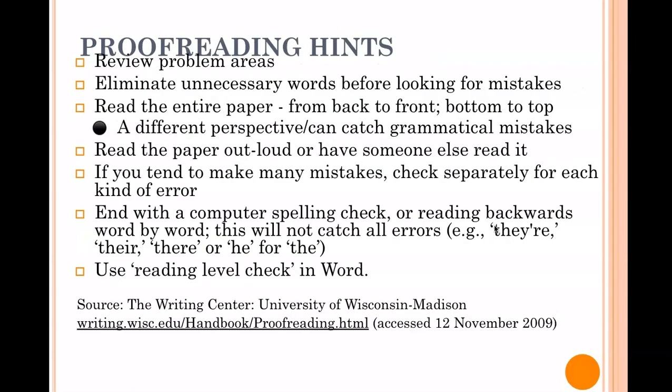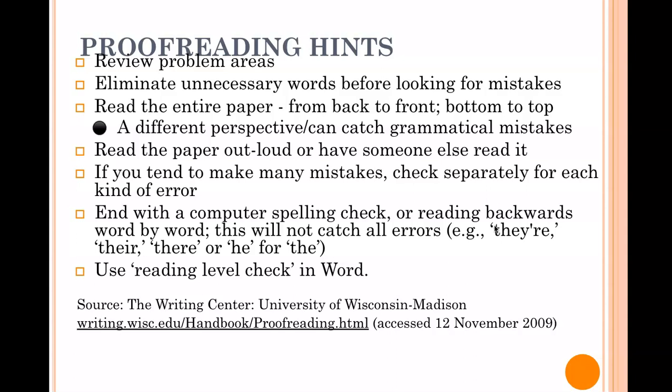Proofread editing. So, proofreading, we have to review the problem areas and eliminate unnecessary words before looking for mistakes. Read the entire paper from back to front, bottom to top, as a different perspective can catch grammatical mistakes. Read the paper aloud and have someone else read it.